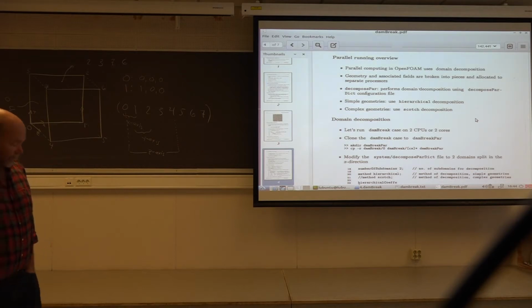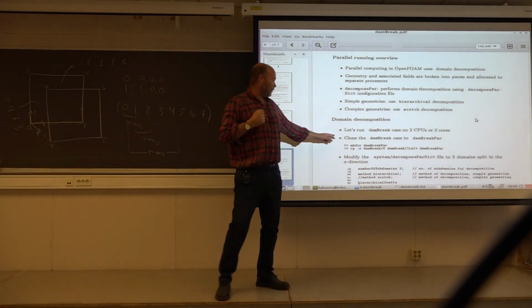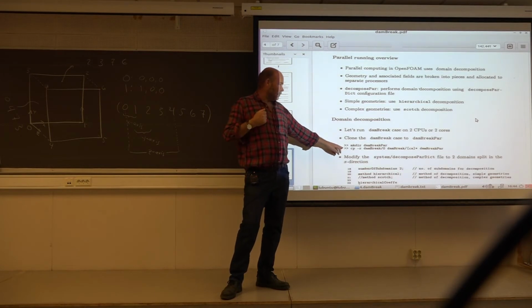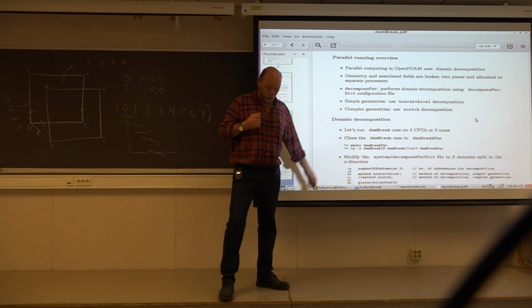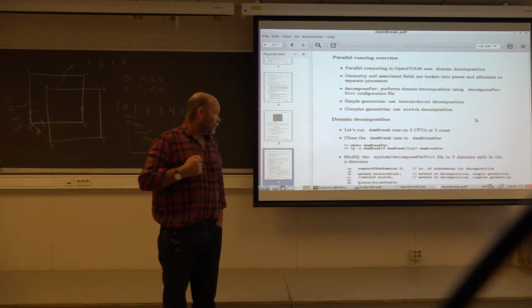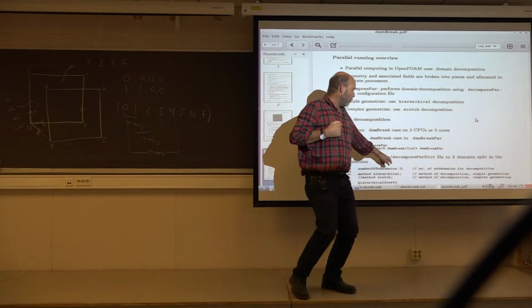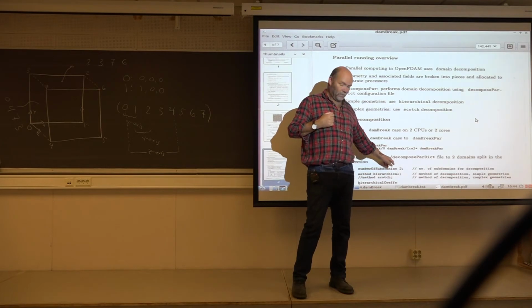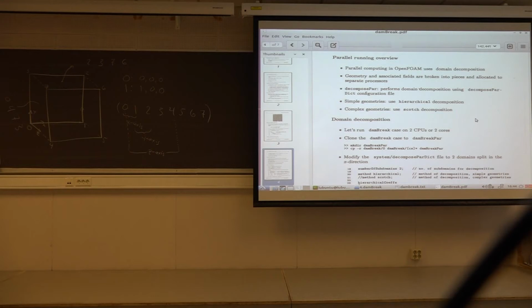So here they start by suggesting you clone the dam break case to another one. Here I don't care if I destroy the case, so I just use the original. It really doesn't matter. Then you have to find this decomposeParDict dictionary file and change it.